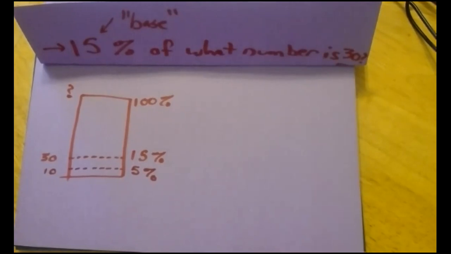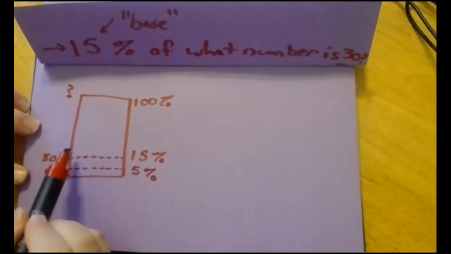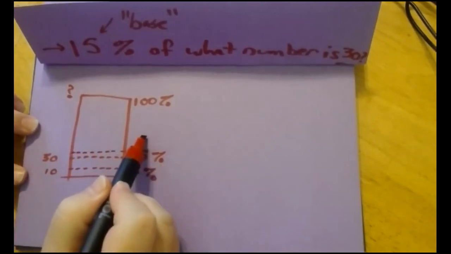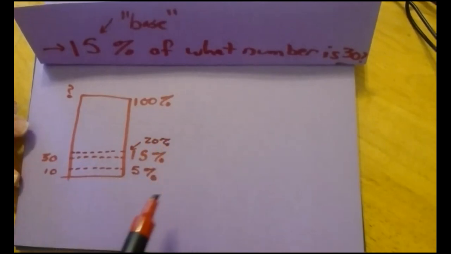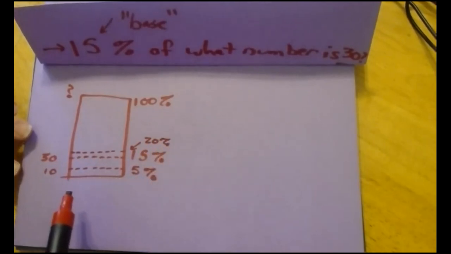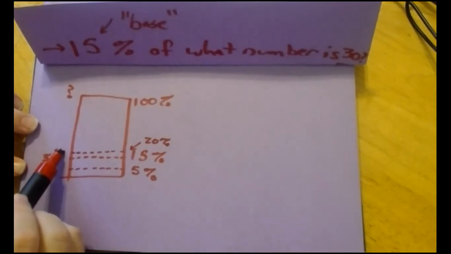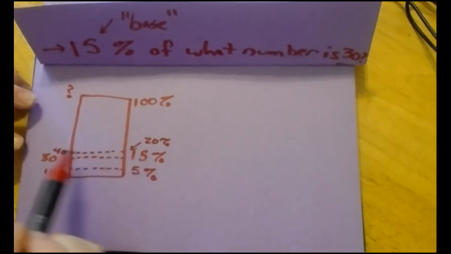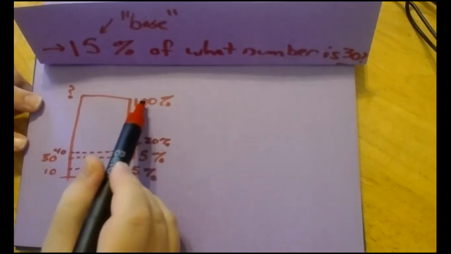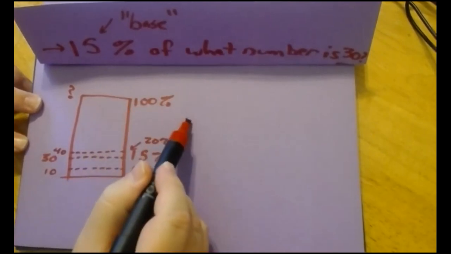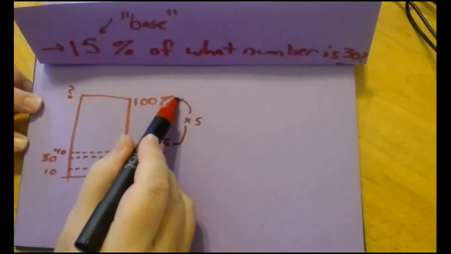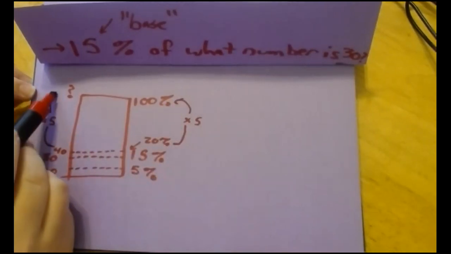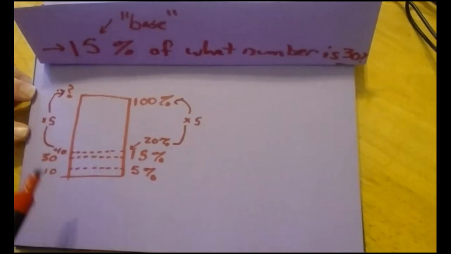Well, if 5% is 10, then I could argue that 20% ought to be 30 plus 10, which is 40. Why would I do that? Well, if this is 20%, I could do 20% times 5 is 100, right? Okay, well, what's 40 times 5? 200.